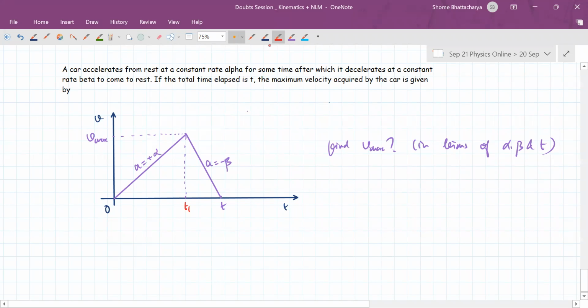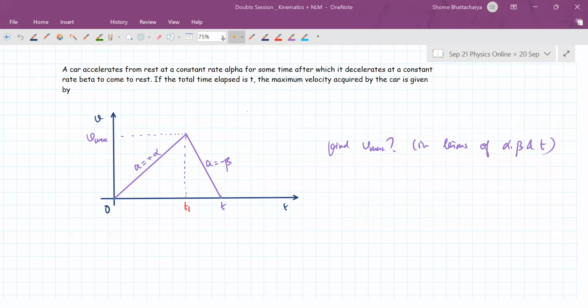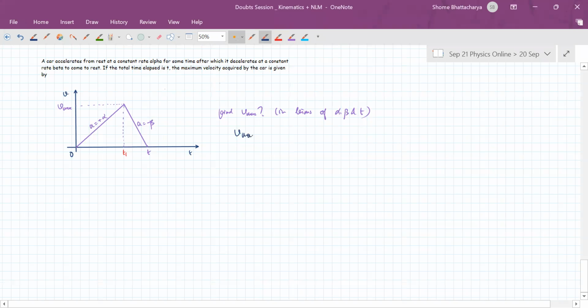Okay, so you can see that this maximum speed can be written as alpha t1, which is also equal to beta into t minus t1.